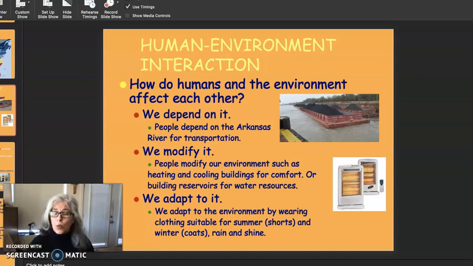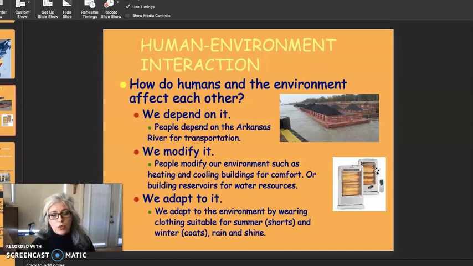So we humans depend upon the environment, and sometimes that means that we rely on the environment the way that we find it, such as a river located in a certain place that we are going to use for transportation. So you see the barge traffic that I have a picture of right here.